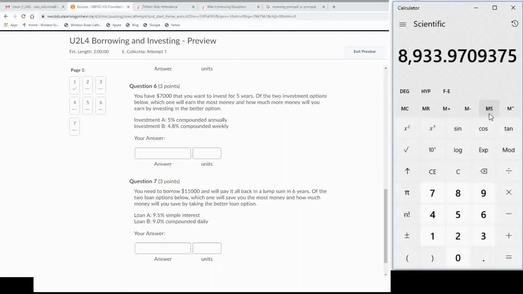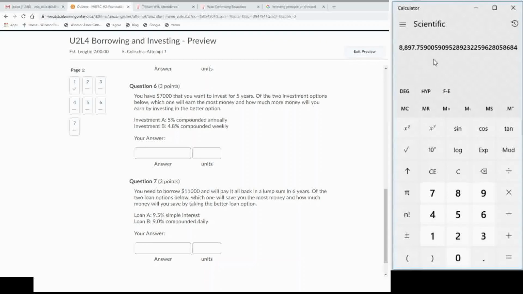This is how much money we would earn compounded annually, versus 7,000 times 1 plus 0.048 divided by 52 to the power of 52 times 5. This is how much we would earn compounded weekly.